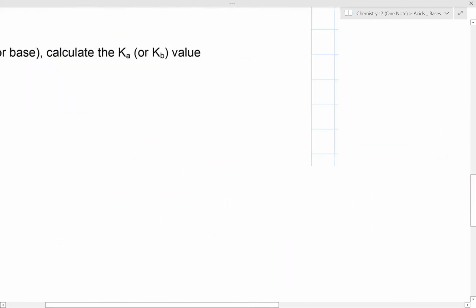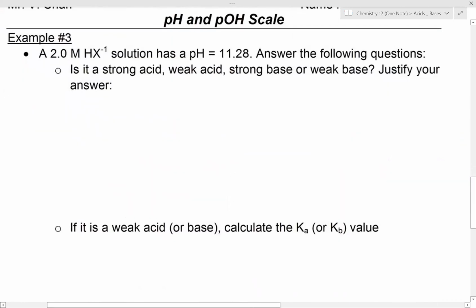All right. Now, let's take a look at this one. Example number 3. A 2.0 molarity HX minus 1 solution has a pH of 11.28. Answer the following questions. Is it a strong acid, weak base, strong base, weak acid, whatever, and justify your answer. Now, the first thing you need to recognize is this.